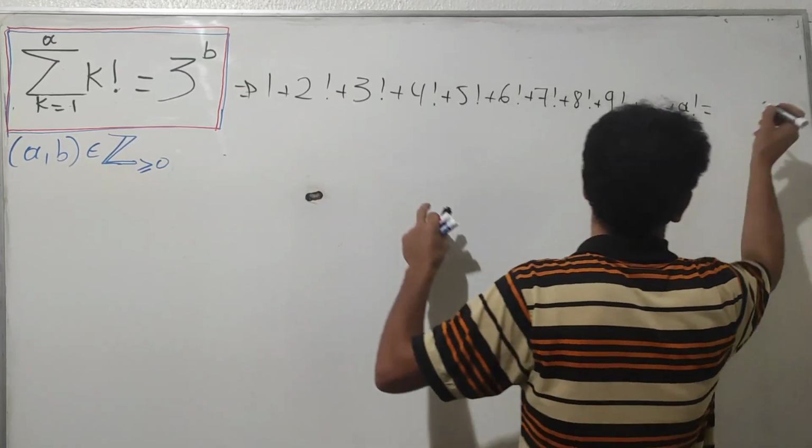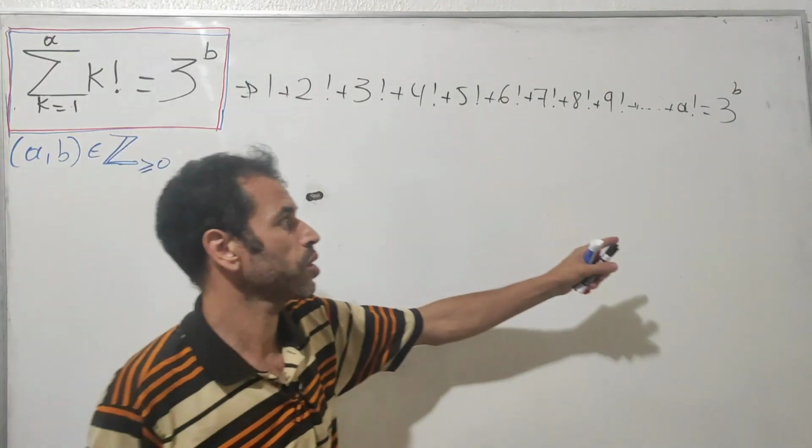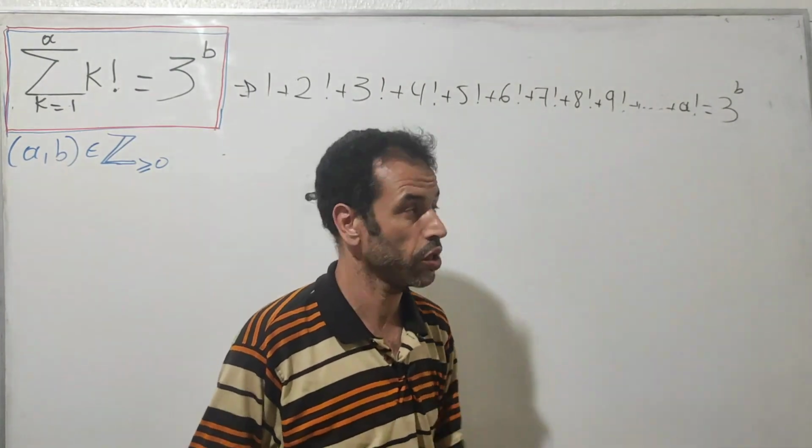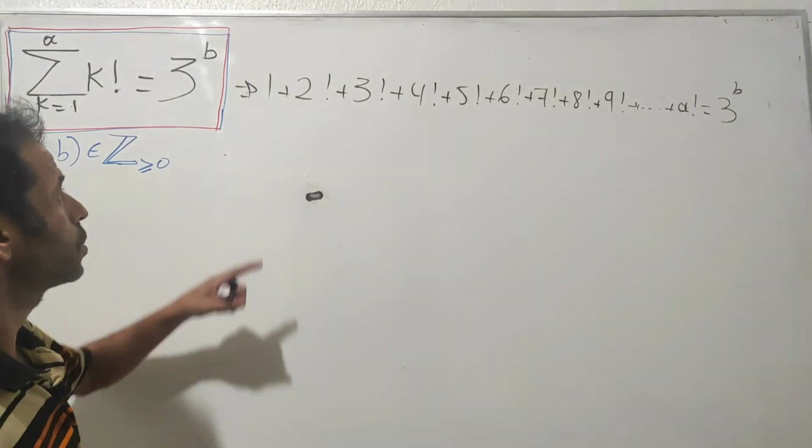So this one is going to equal 3 to the b, okay? All these numbers must be a power of 3 as we have here, okay? Now let's check this one carefully here.